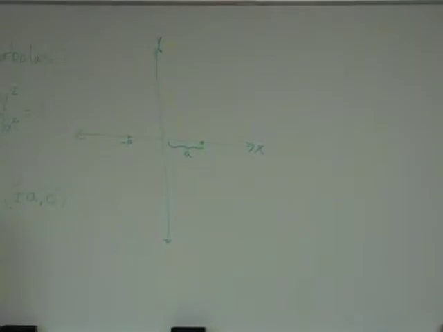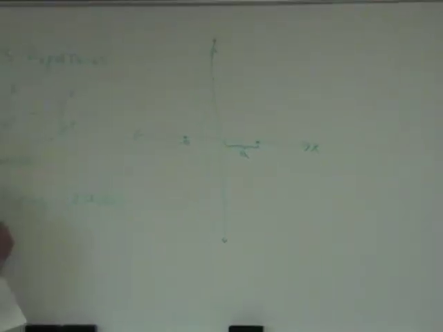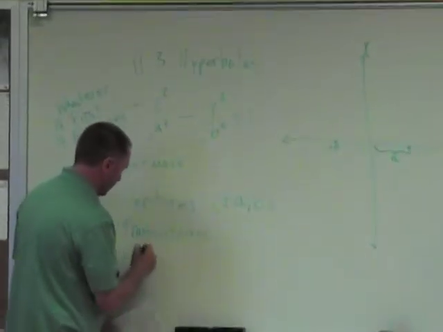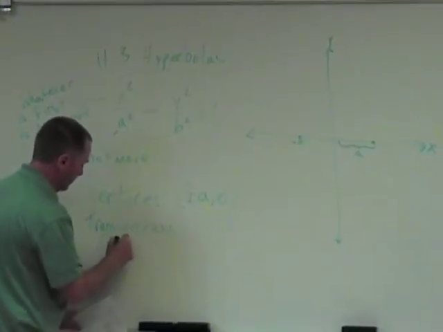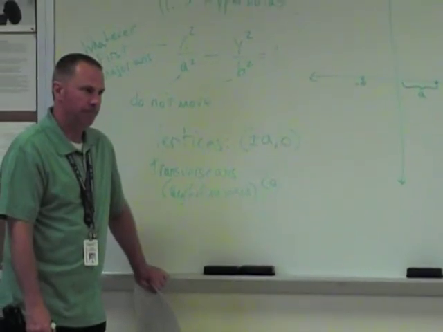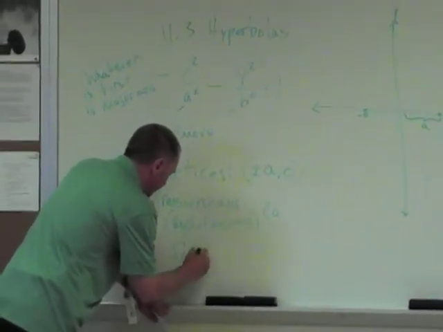Next thing, we have this thing called the transverse axis. And that is nothing more than the length of the major axis: 2a. That look familiar? The transverse axis is the length of your major axis, 2a. And the last thing, foci.